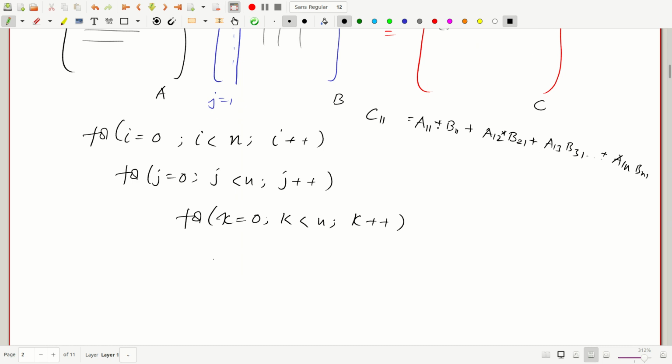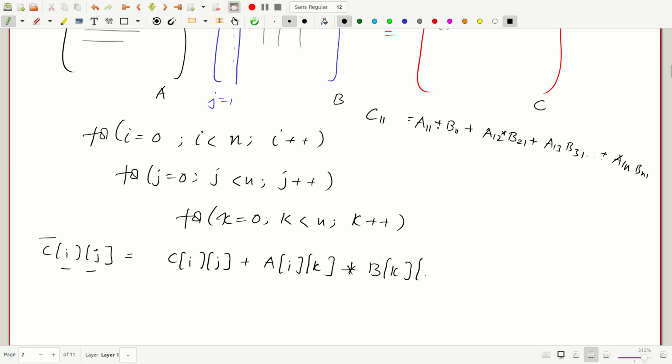So in the innermost for loop, I would write it here although the indentation doesn't allow for it, Cij, basically you are updating the particular row and the particular column in the final C matrix as Cij plus A of ik, where k acts as the pseudo column here, and then multiply that with B of kj.